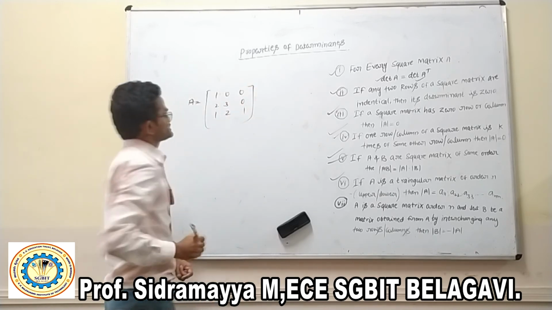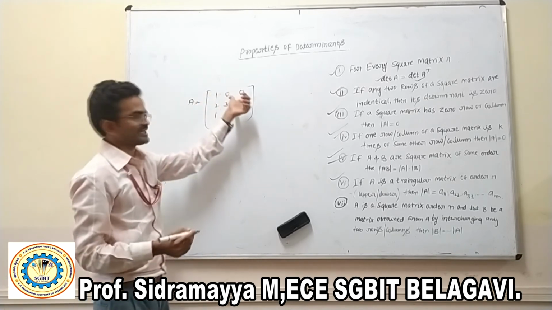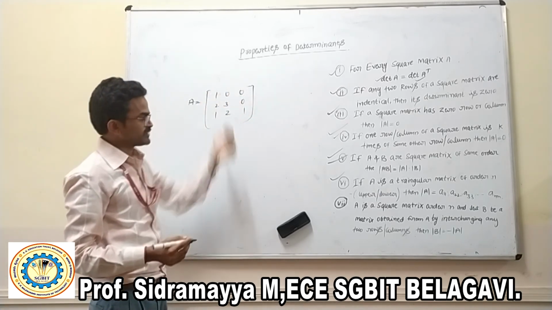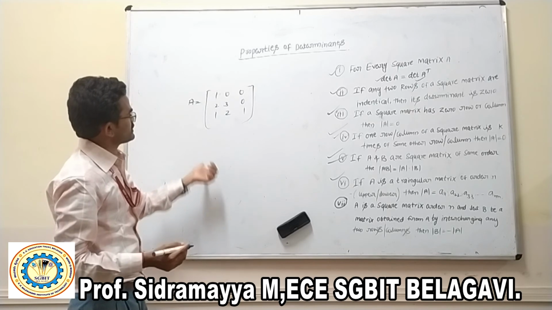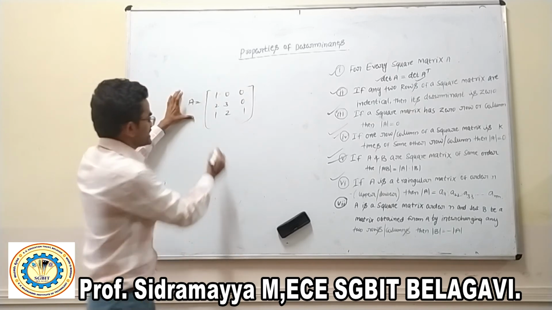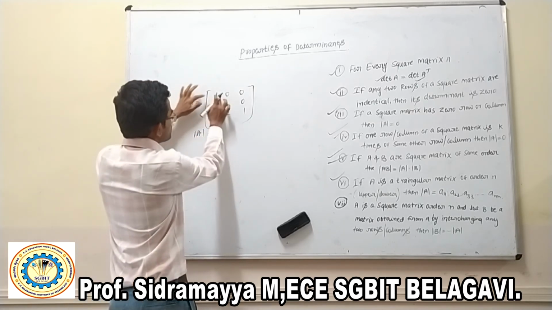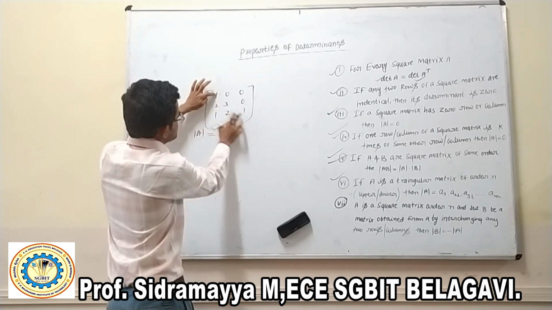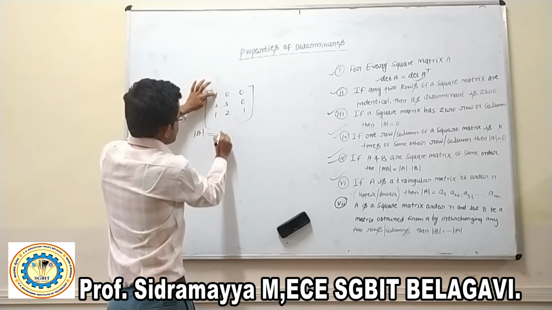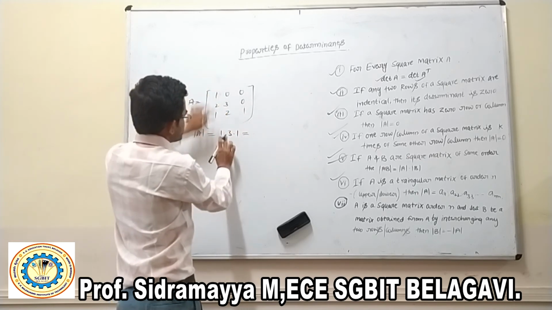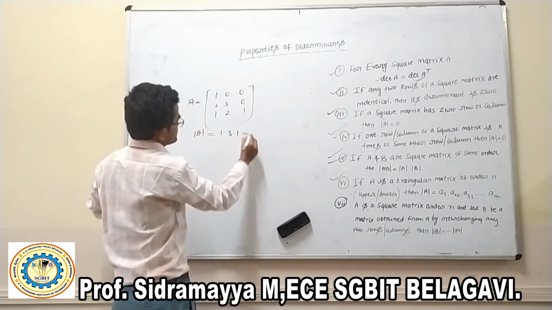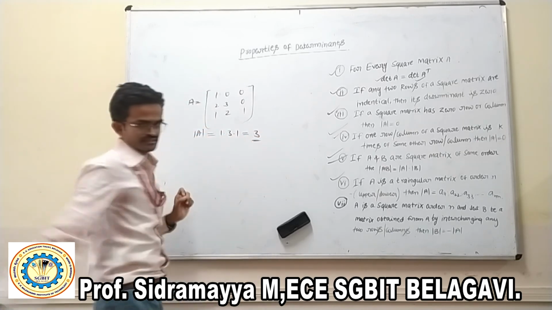For this kind of matrix, the determinant of A is equal to the multiplication of the diagonal elements. The diagonal elements are 1 into 3 into 1. 1 into 3 is 3, 3 into 1 is again 3.